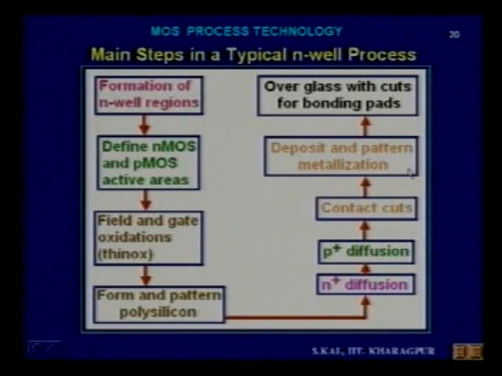Then the next step is contact window opening, contact cuts, and deposit and pattern metals. Metallization process follows. Then overglass with cuts for bonding pads. That is the passivation and bonding pads formation. So these are the process flow for a typical NOL process.